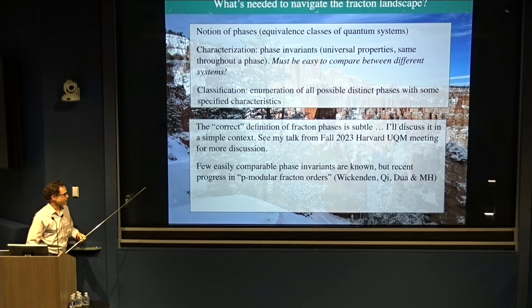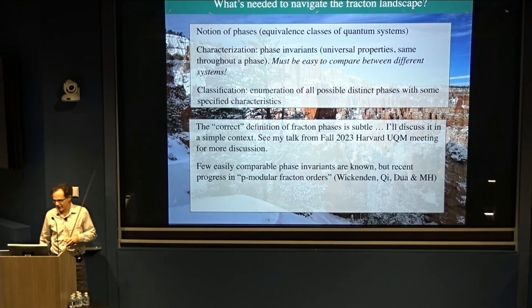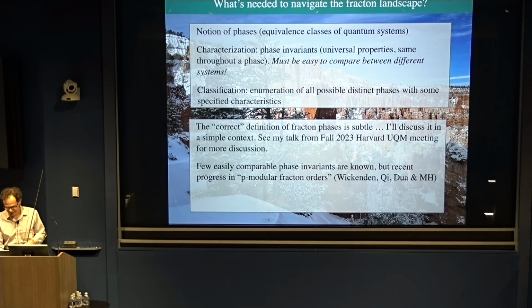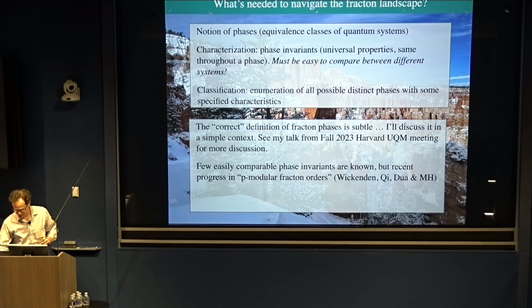Another important point is that recently we have started to come up with more easily comparable phase invariants. There's also a very nice one in some earlier work of Wilbur Shirley, Kevin Slagle, and Xie Chen that I didn't refer to here, but I should have. But I won't have time to talk about this recent work, also with people who are here in the room.